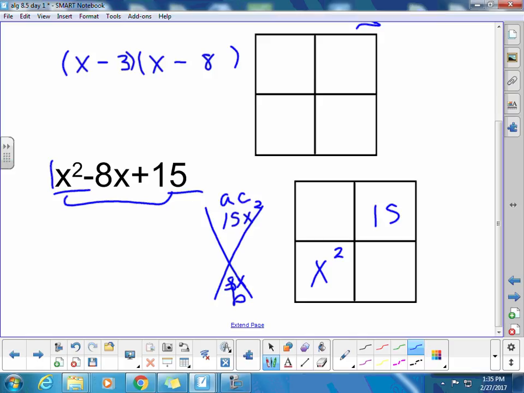And I, again, on the side, want two things that multiply together to give me 15, but add up together to give me negative 8. So let me write that a little bit neater.